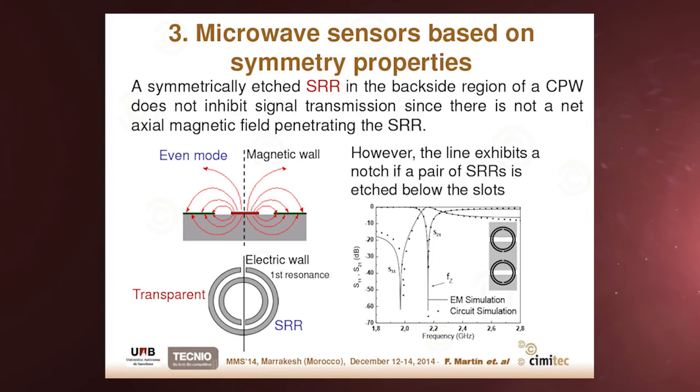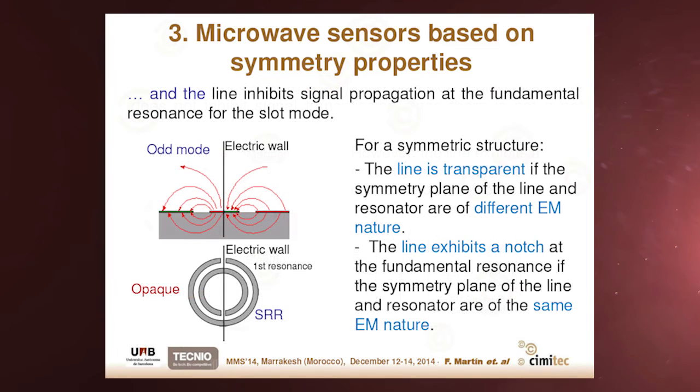Here we have a magnetic wall for the fundamental mode of the CPW, but an electric wall for the fundamental resonance frequency of the SRR. Under these conditions, there is not a net axial magnetic field able to excite the particle, and the structure is transparent. Even though we perfectly know that if, rather than one, we have a pair of split-ring resonators, each one on top of each slot, then we have a notch. But not if we have only one symmetrically oriented.